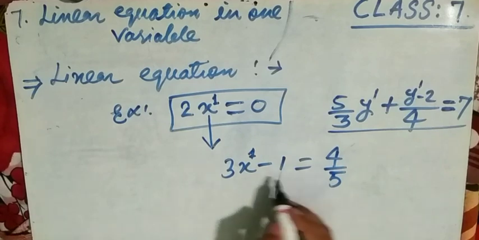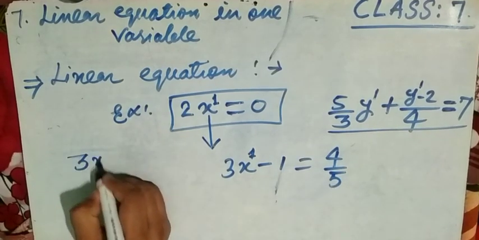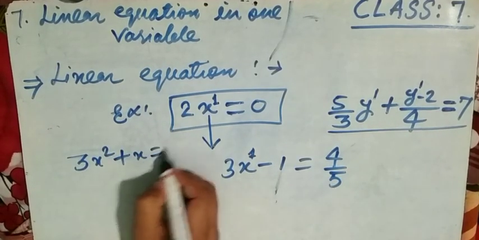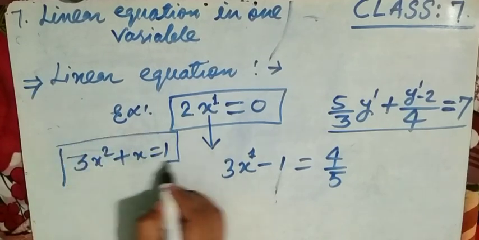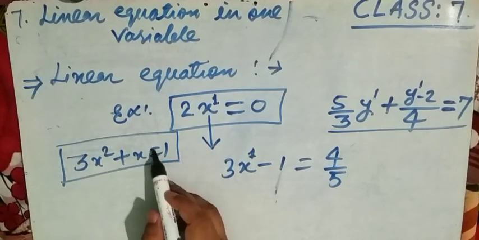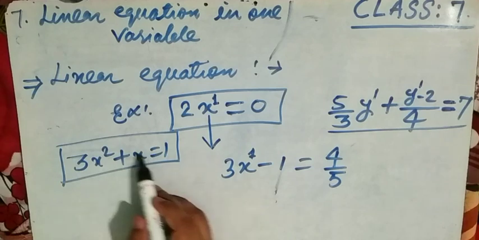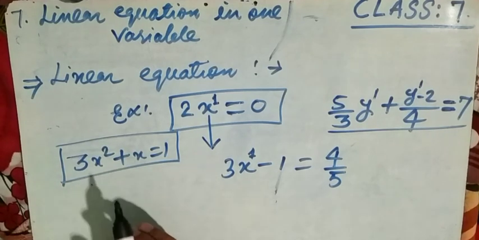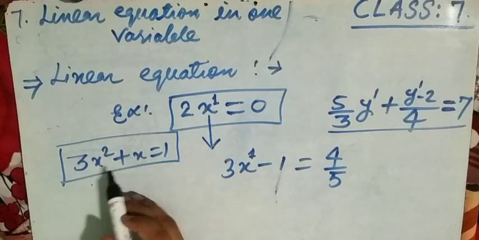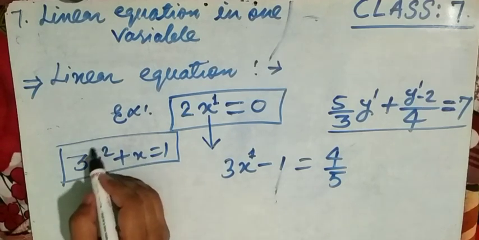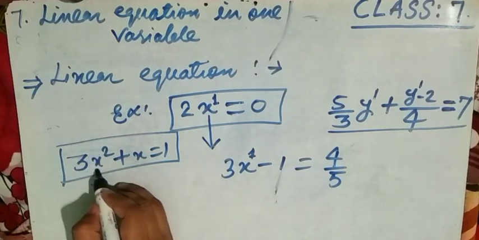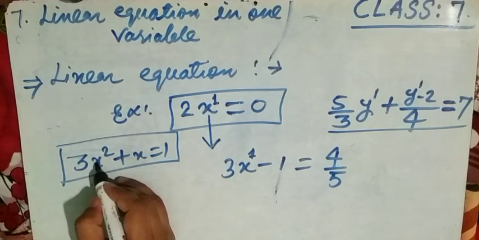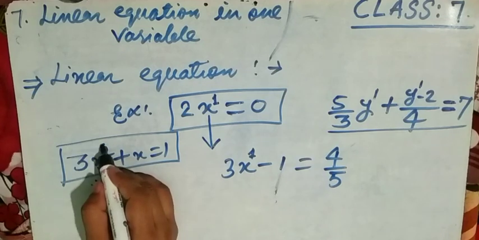Now think about 3x square plus x is equal to 1. Is it a linear equation or not? First check, is it an equation? Yes, because there is the variable x, the left hand side is something and the right hand side is something. This is an equation. But is it a linear equation? No, this is not linear. Why? Because x is the variable and the exponent of this variable is 2.